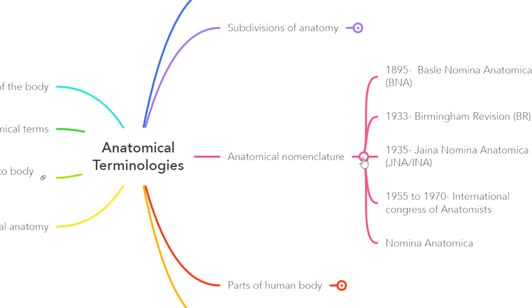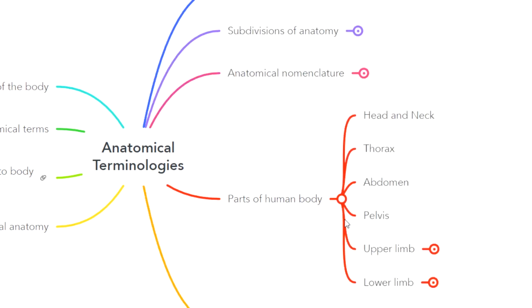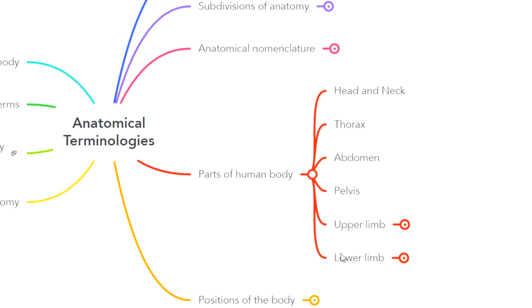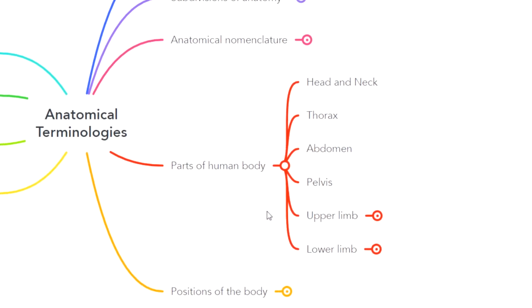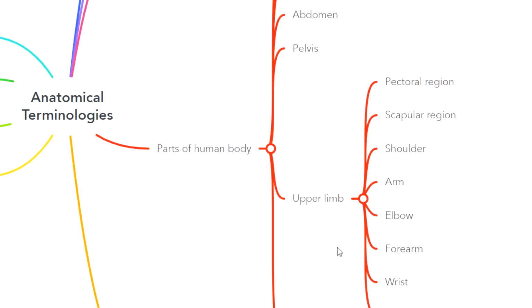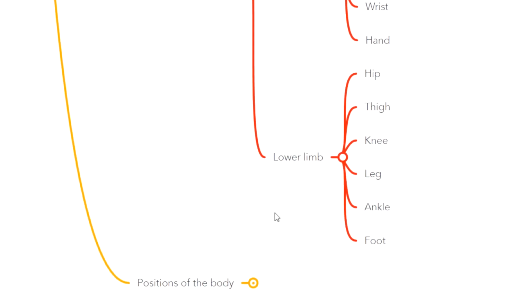So that is about anatomical nomenclature. Then parts of the human body: we just recapped the different parts, head and neck, thorax, abdomen, pelvis, then the different parts of the upper limb and the different parts of the lower limb.